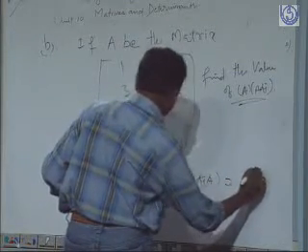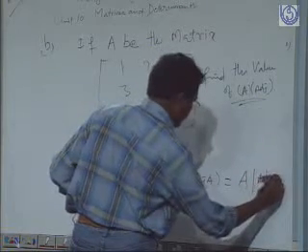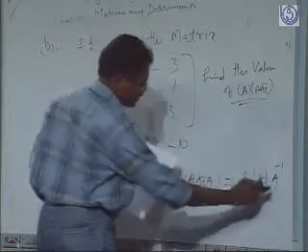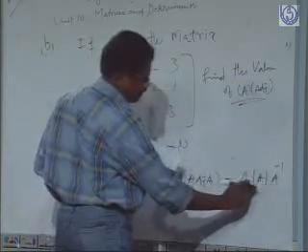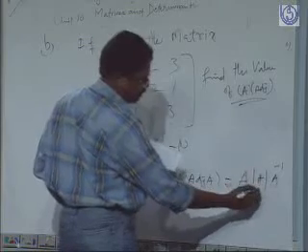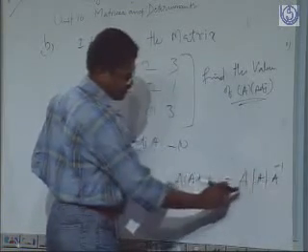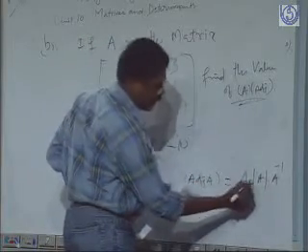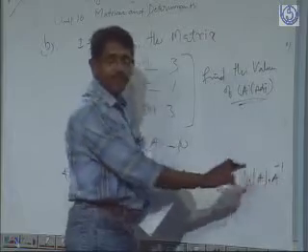So we will get the value of A, then multiply with adjoint A into A inverse. Here this is mod A, or you can say determinant of A, and this is the inverse of matrix A. This is the determinant of a matrix, and this is the inverse of a matrix.